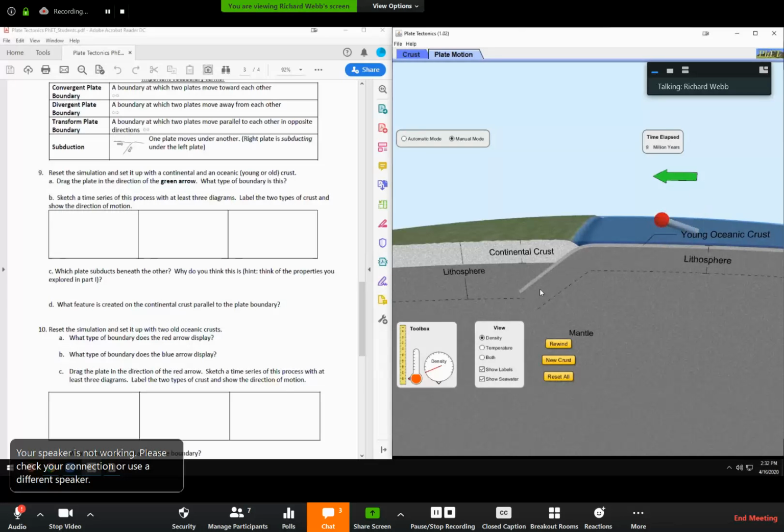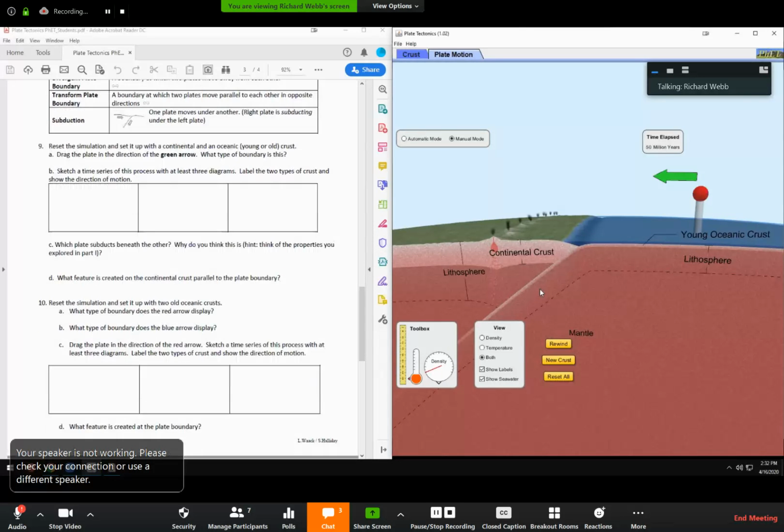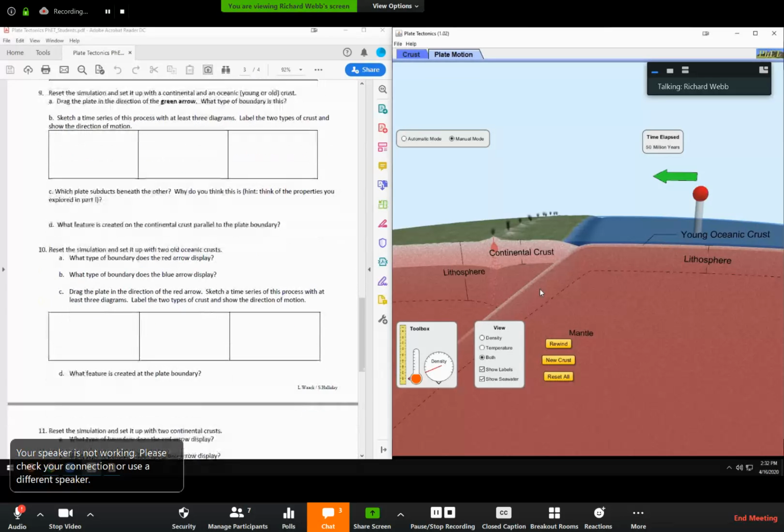And then let it keep going and write what it looks like after 50 million years. So you just go through and draw pictures and make sure that your pictures show the direction of motion and which type of crust is which. And then it asks us some questions there.